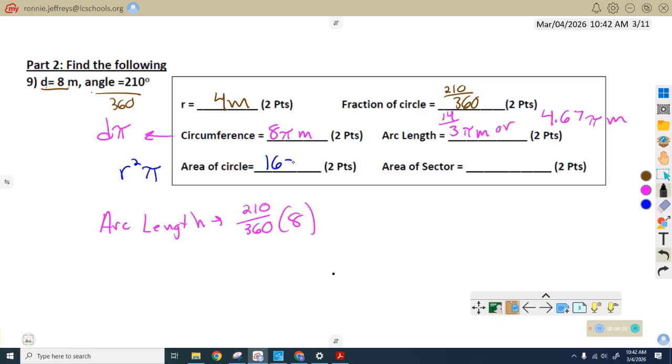This would be 16 pi meters squared. Area of sector is basically just what you did, except now instead of circumference, you're using the area.